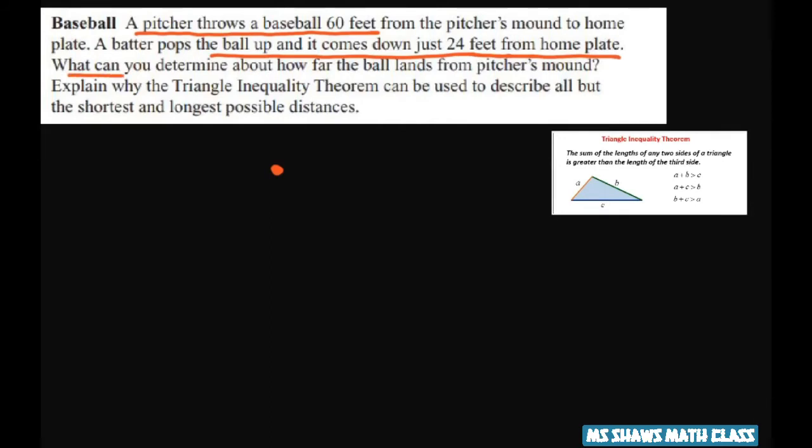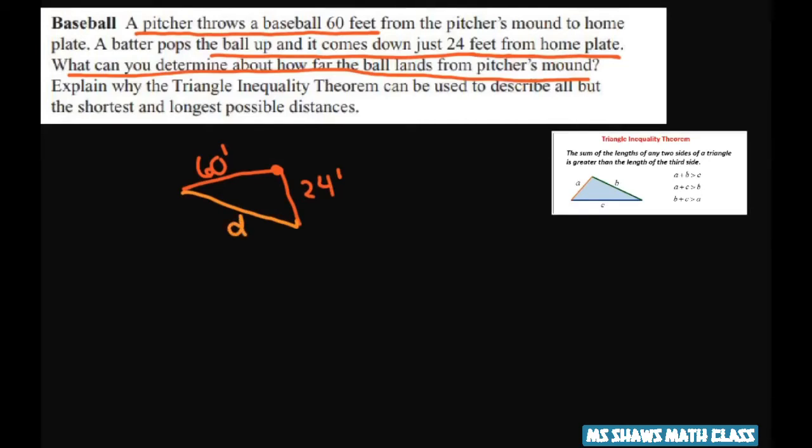What can you determine about how far the ball lands from the pitcher's mound? So let's set up a triangle and say this is 60 feet. And then say this is 24, where he pops it up. And then we need to know how far this length is. So we'll just call this the distance.